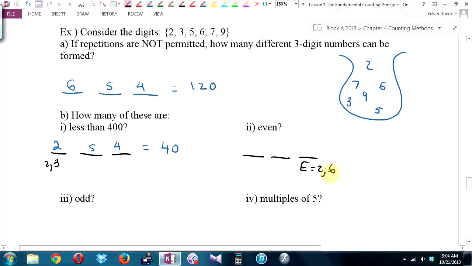Even means 2 or 6. Rachel, how many choices do I have for that then? And I'll do that first, even though it's at the end. I'm going to take care of that restriction first. I've pulled out an even number. I've stuck it there. How many choices are left now for the first number?